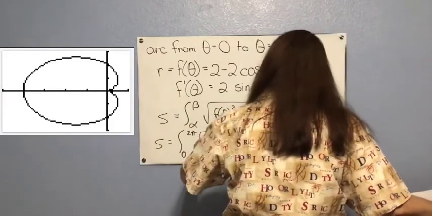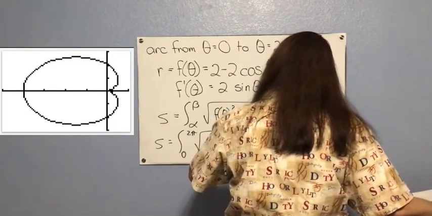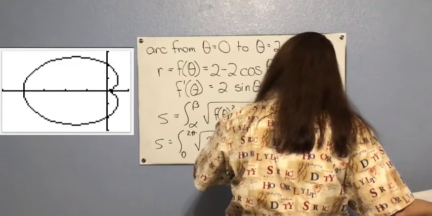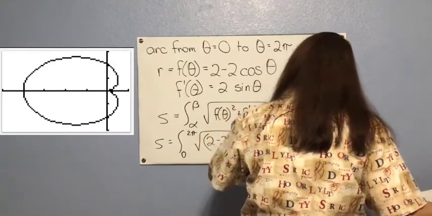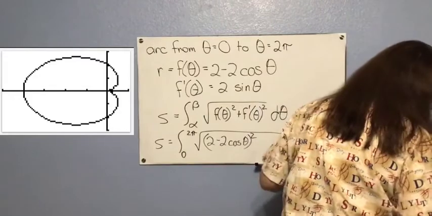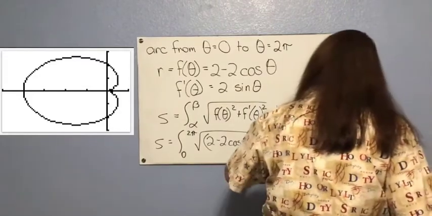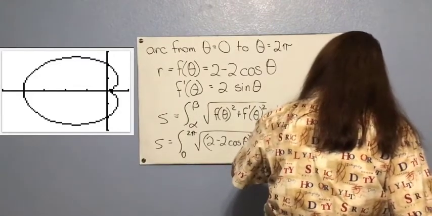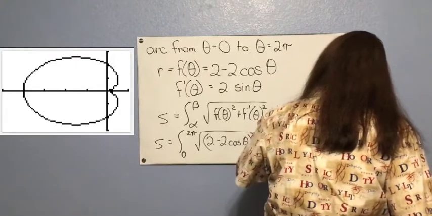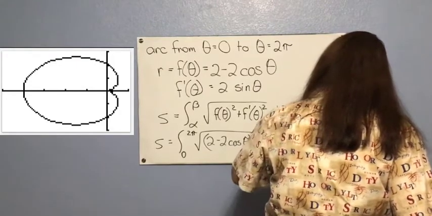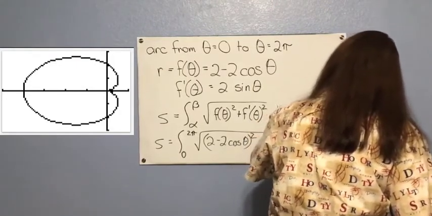We're going to have 2 minus 2 cosine theta squared plus 2 sine theta squared d theta.